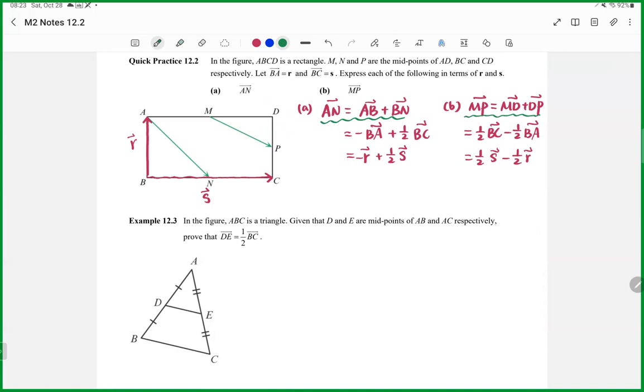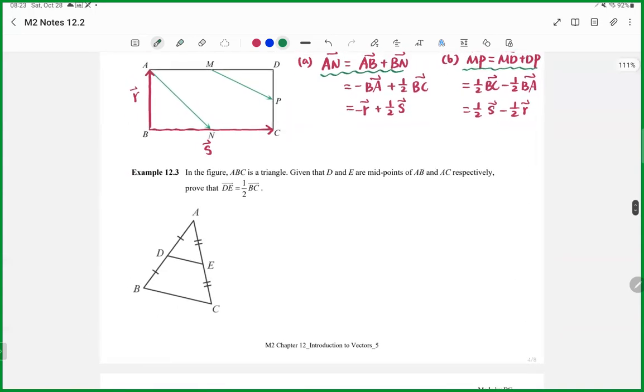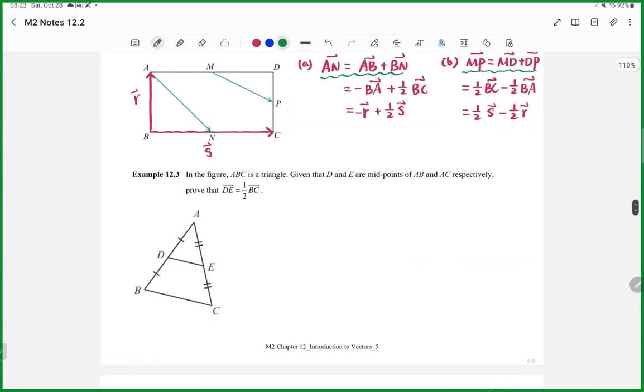Now, in this question, you must realize that there is a geometry theorem behind it, which is in the triangle ABC, if D and E are the midpoints of AB and AC respectively, then DE is parallel to BC, and also DE equals half BC.